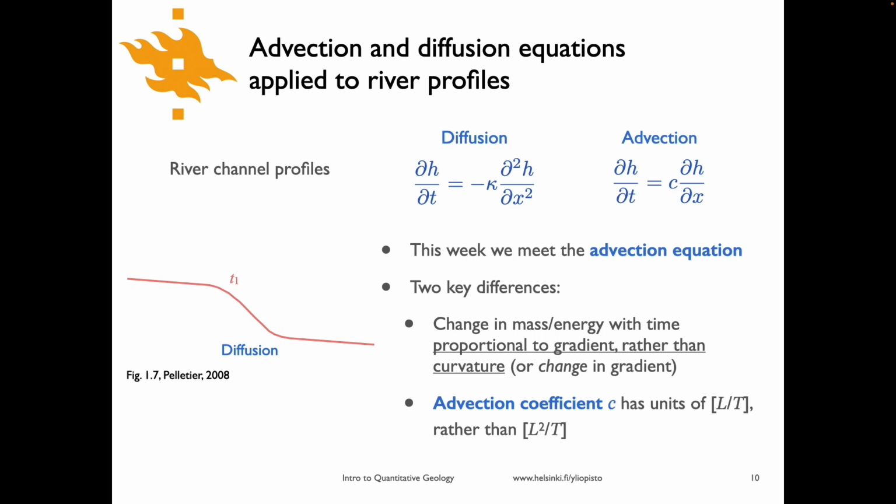But this, as a process, the ideas of advection and diffusion can be applied to heat transfer, just as was mentioned, but also to other things like how river channel profiles change with time. So I don't know whether you're familiar with these kind of river channel profiles, but essentially if you look at the elevation of a river as you go downstream, of course the water's flowing and it tends to flow downstream.